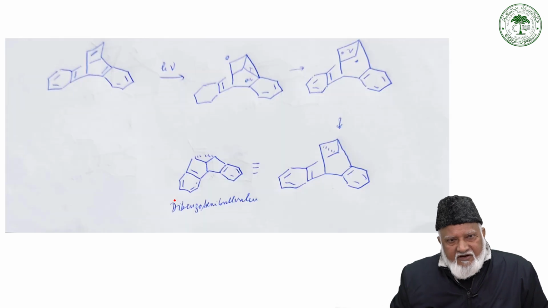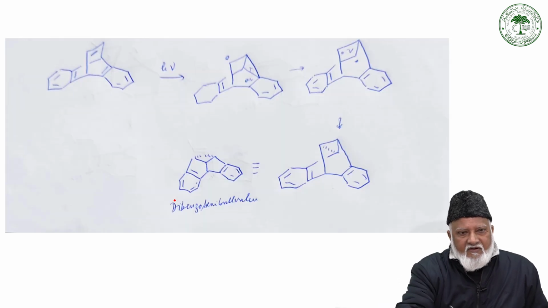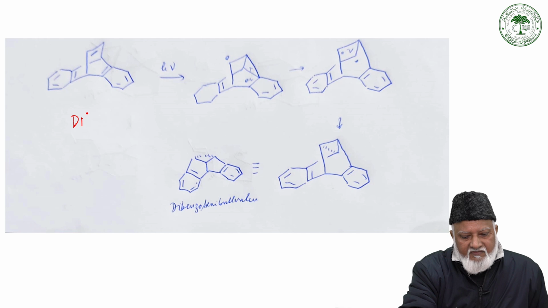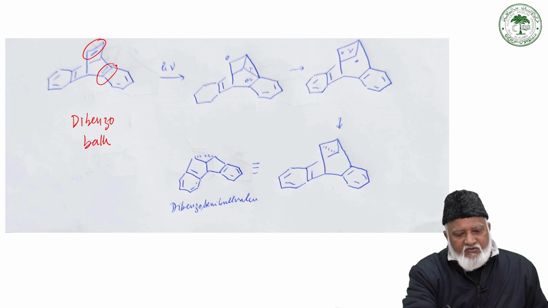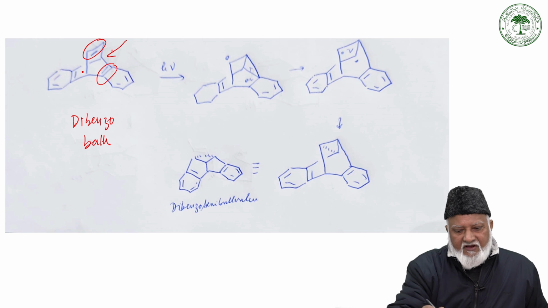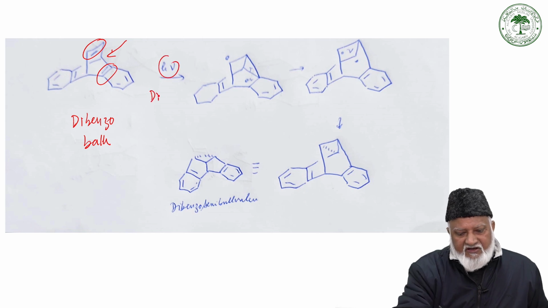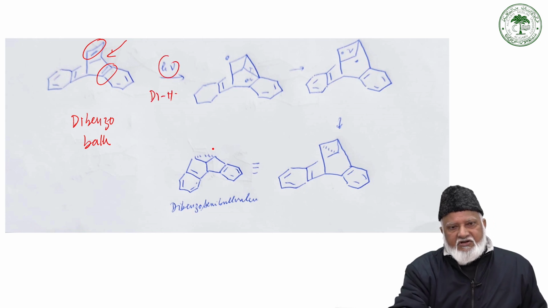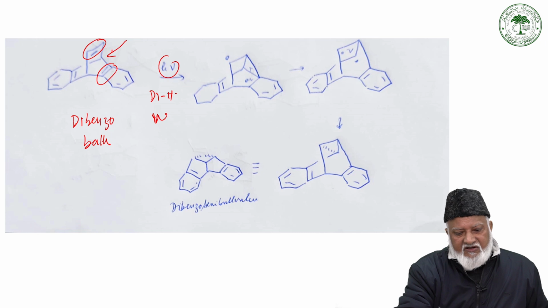People have also tried dibenzobarrelene, considering one of these double bonds separated by a methylene group from the other. In every way, it is nicely set for di-pi-methane rearrangement under photolytic conditions.